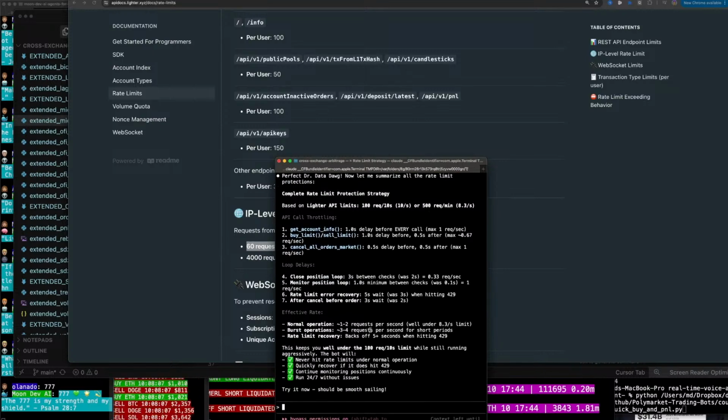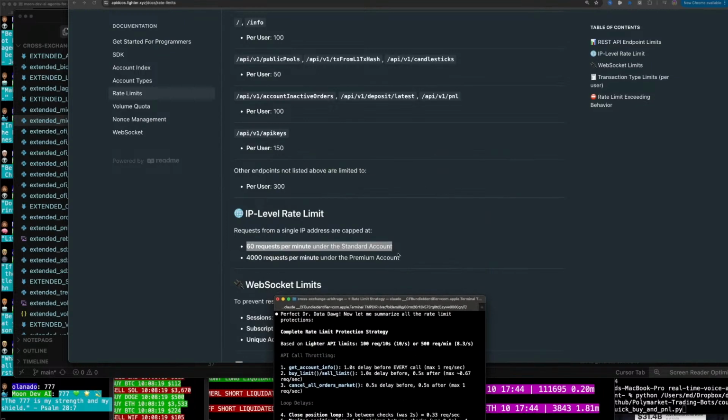Perfect. Let me summarize all the rate limit protections. A complete rate limit protection strategy based on lighter API limits. 100 requests per 10 seconds or 500. Where do you see that, Phil?